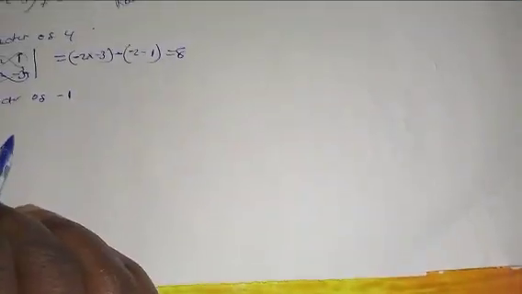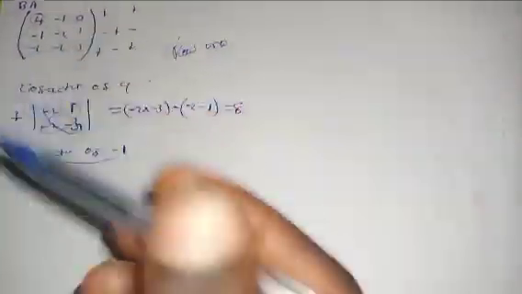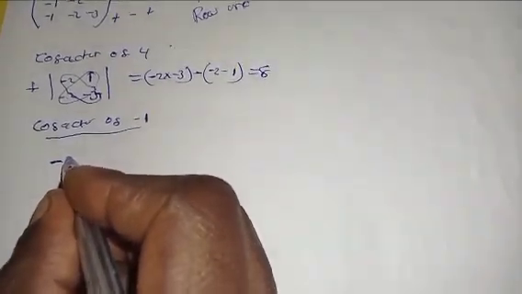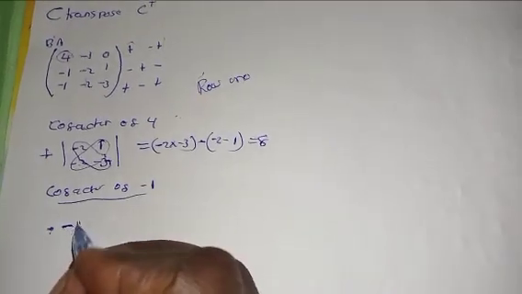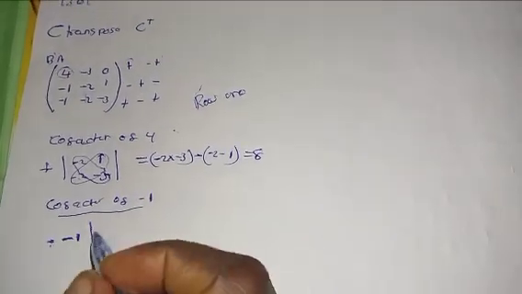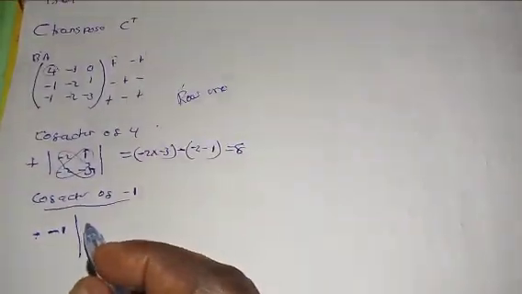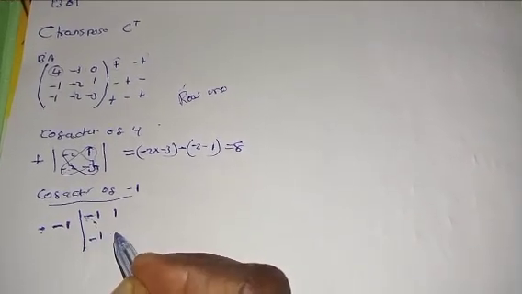When you're finding the cofactor of -1, you close this and this. This sign is negative, so you put negative in front of it. When you close this and this, you remain with negative 1, 1, negative 1, negative 3.